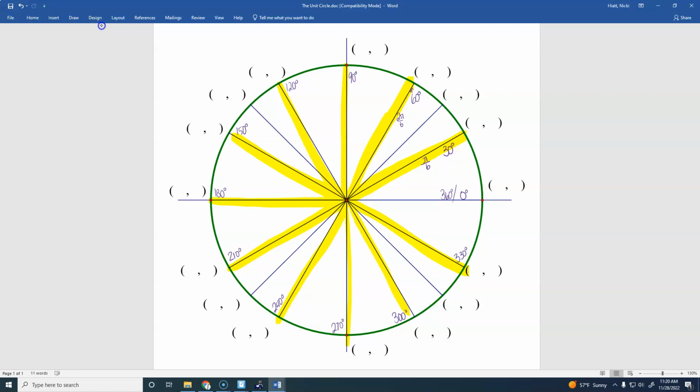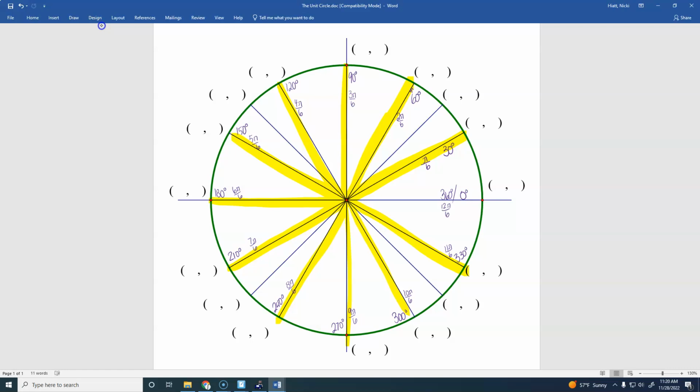So if it's 2 pi over 6, this would be 3 pi over 6. 4 pi over 6. 5 pi over 6. 6 pi over 6. 7 pi over 6. 8 pi over 6. 9 pi over 6. 10 pi over 6. 11 pi over 6. And then 12 pi over 6.